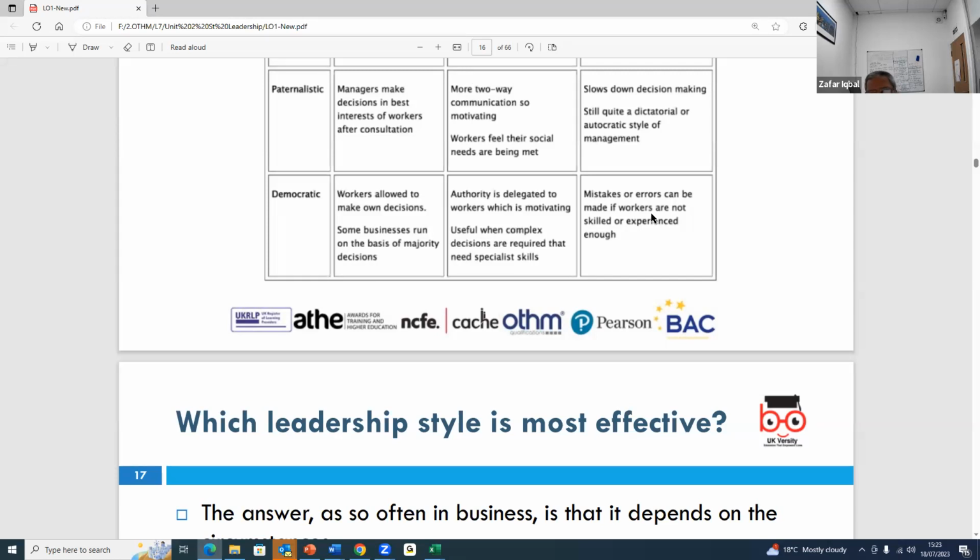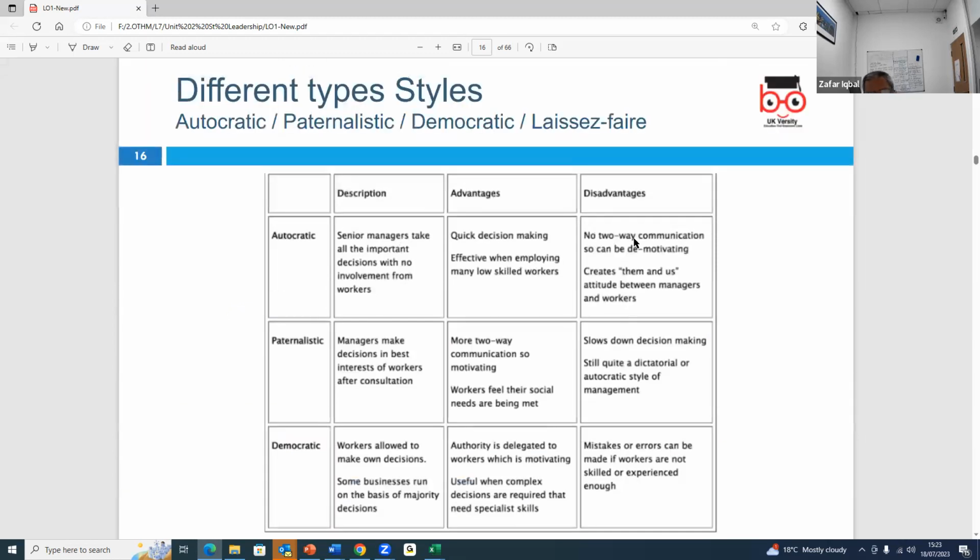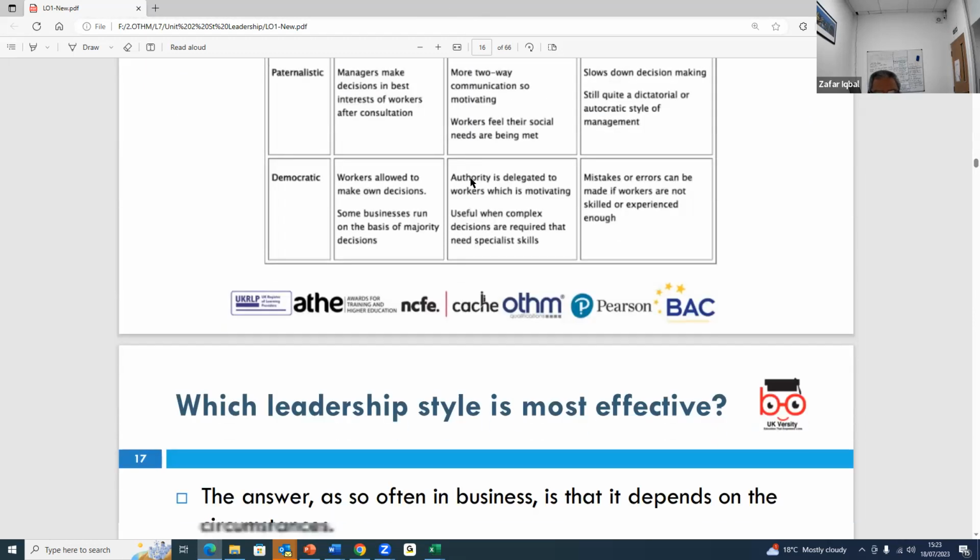But the problem with this is employees can make errors, mistakes, problems, issues, if the workers are not experienced enough. Okay, and looking at the last, laissez-faire, there are disadvantages and advantages as well.